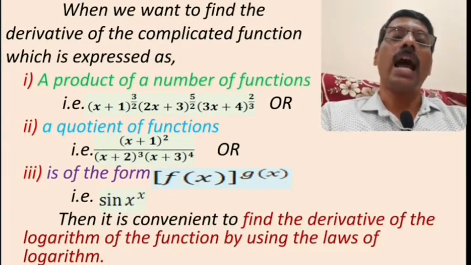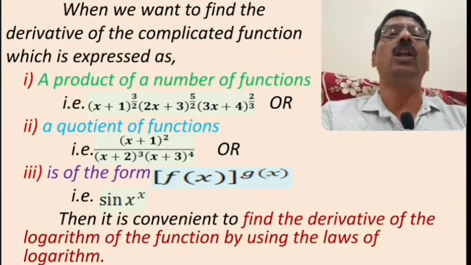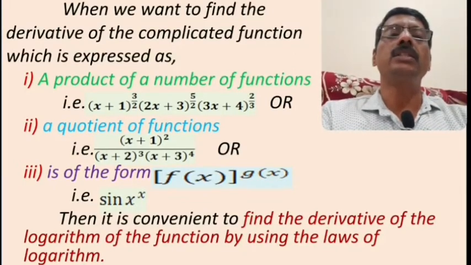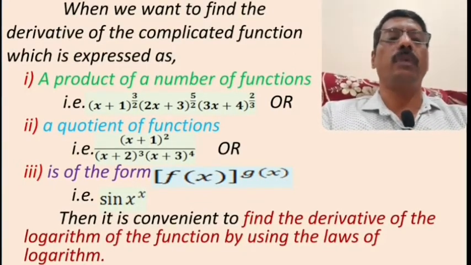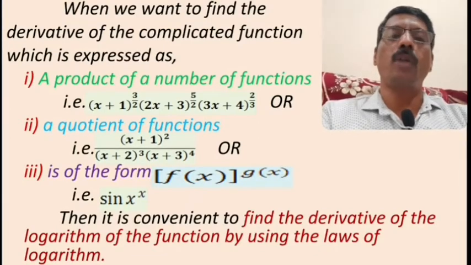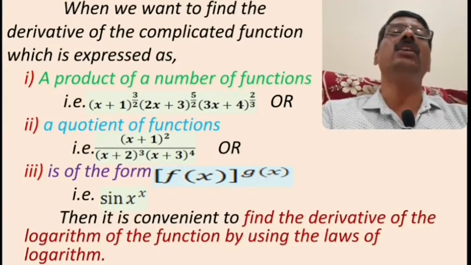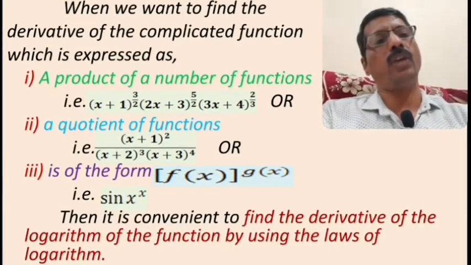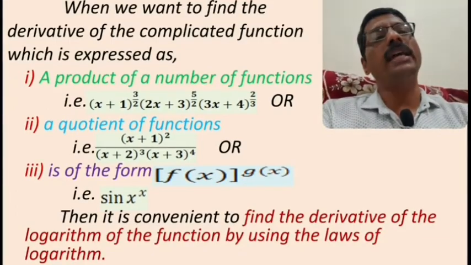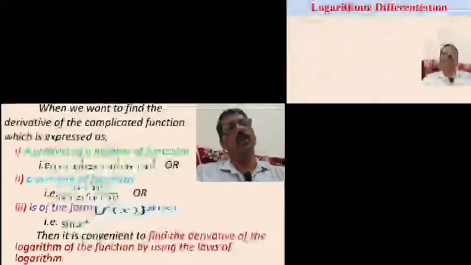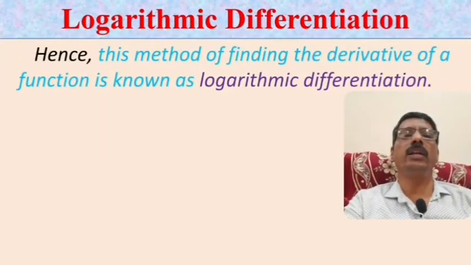That type of function has to be solved by logarithmic differentiation. Firstly take the logarithm of the given function, apply the laws of logarithm, and then by taking the derivative of the logarithm, we can solve examples of that type. Hence this method of finding the derivative of a function is known as logarithmic differentiation.